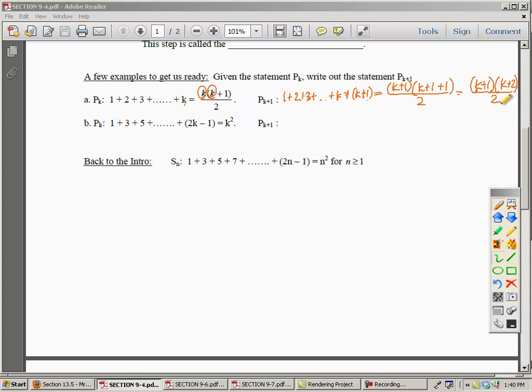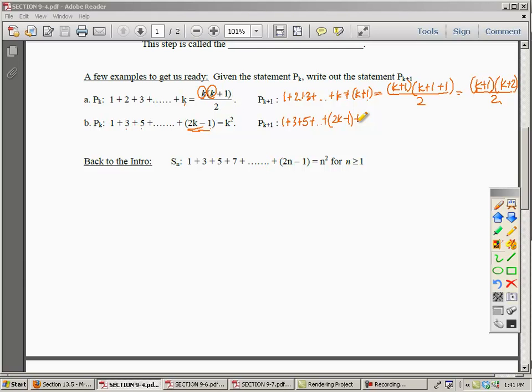Let's try one more. P of K is the sum of 1 plus 3 plus 5 plus whatever. This is actually just what we did, that 2n minus 1. We just did it again. Now, to prove K plus 1, I'm going to start off the same way. 1 plus 3 plus 5 plus all the way to whatever was there, plus this 2K minus 1.